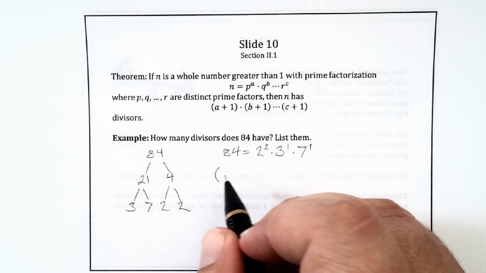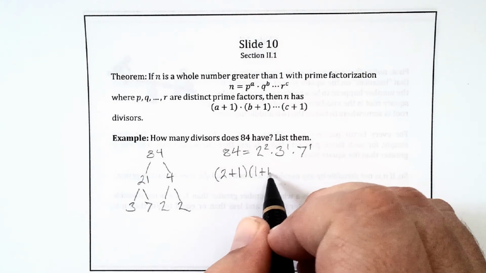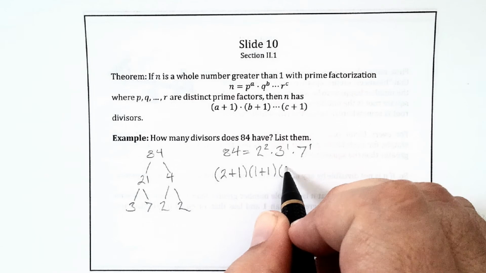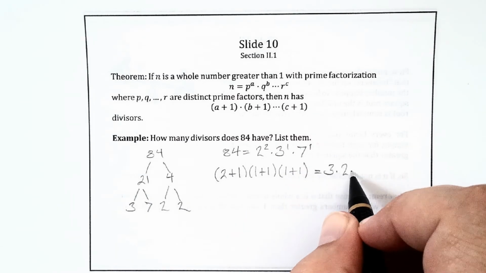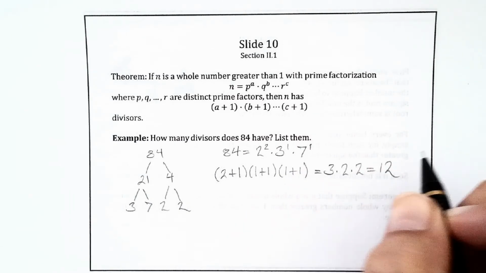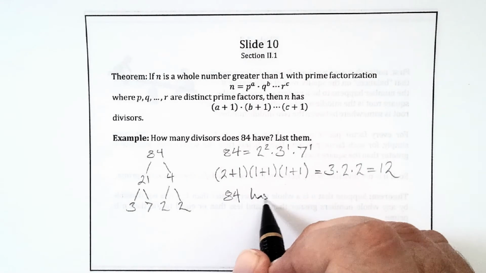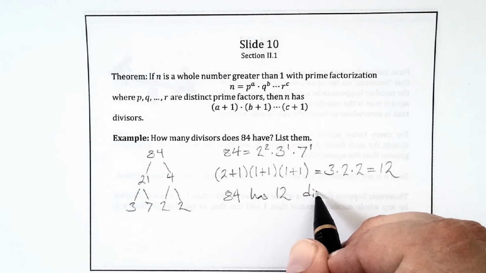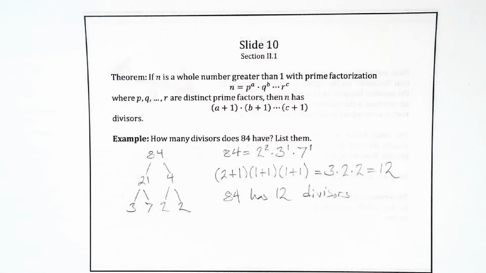So if I add 1 to each of those exponents, that's 3 times 2 times 2, which is 12. So 84 has 12 divisors. And you see, I'm able to do that without actually listing them all.